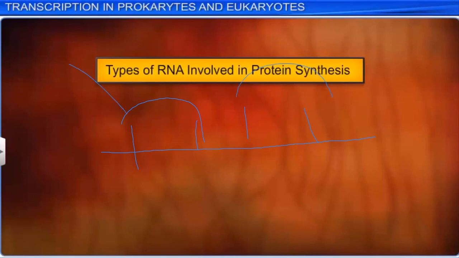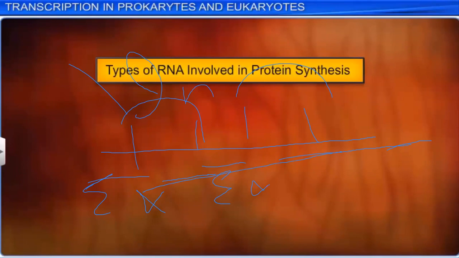The introns are removed, and the exons are later brought together and formed into one messenger RNA.